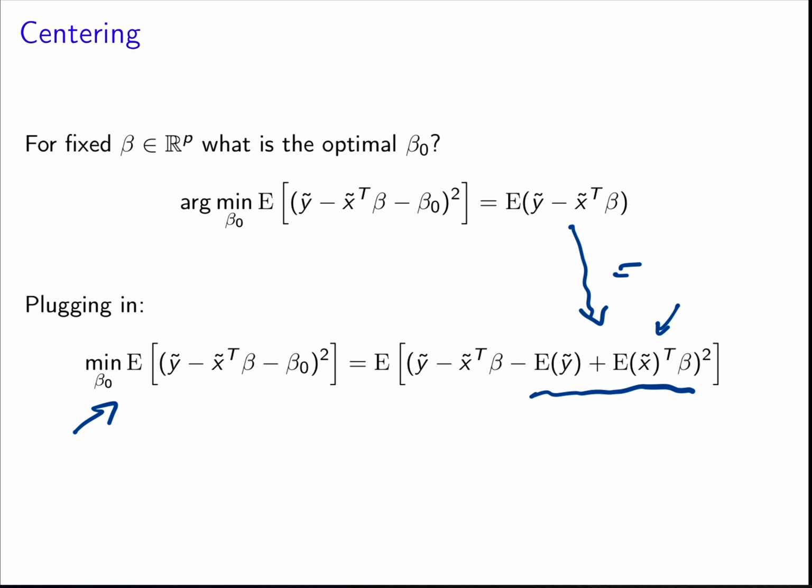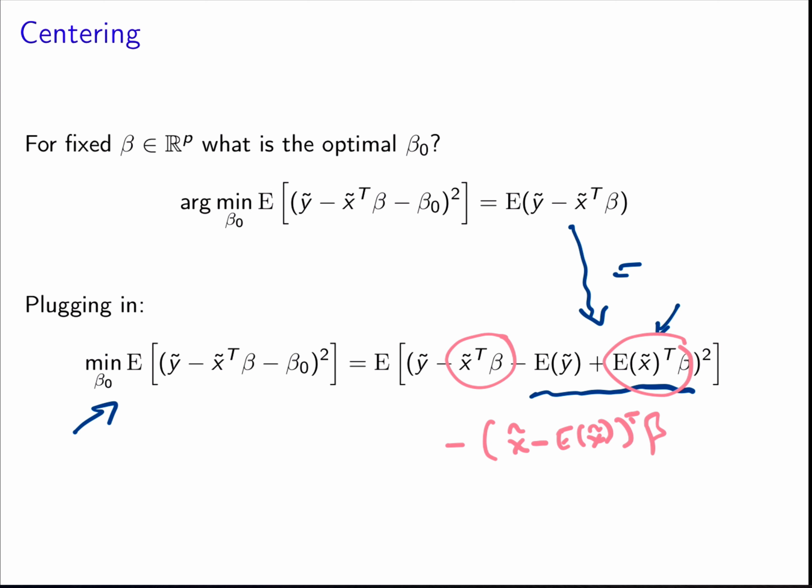Now that we plug that in, we can group terms and realize that we have the centered version of y, and also the centered version of x, because this is x minus its mean, transpose beta.